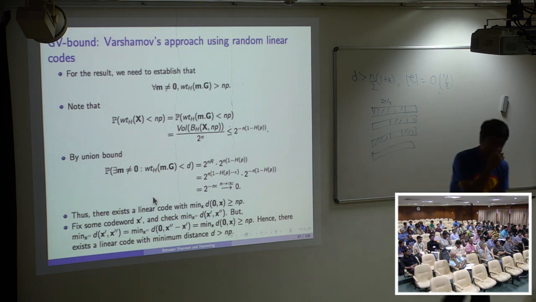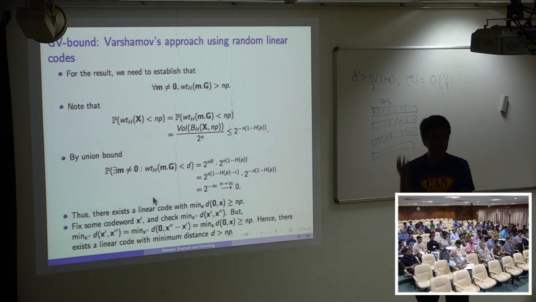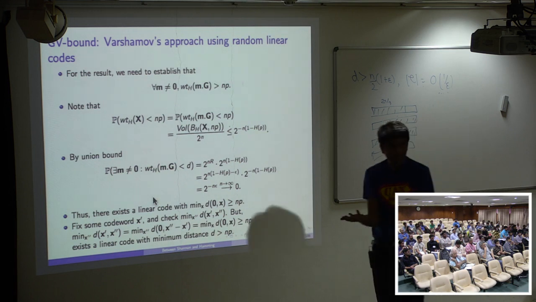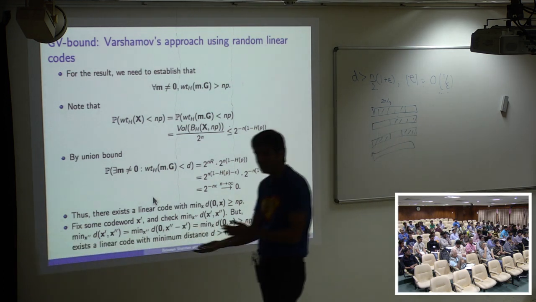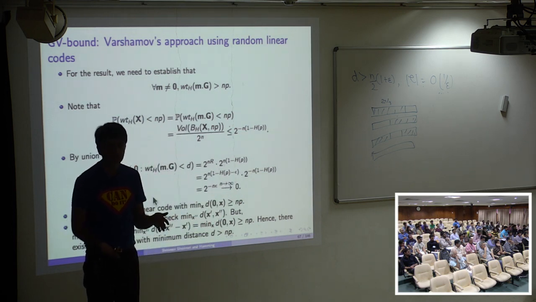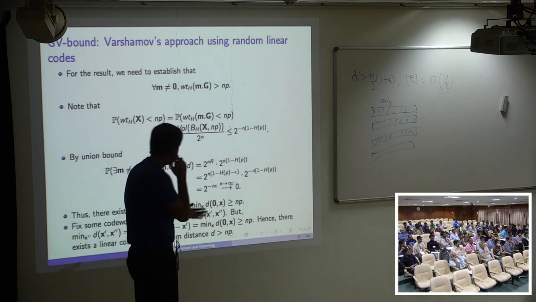So this is saying that if I've chosen a random matrix G, the probability that there is even a single codeword corresponding to a non-zero message which has Hamming weight less than NP goes to 0 exponentially. And that's really all we need.